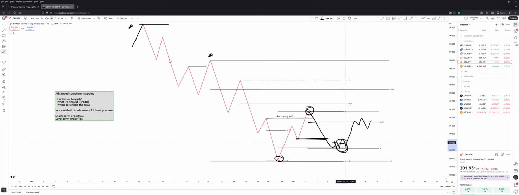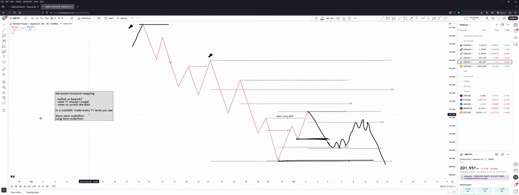So you trade this bullish 71 level, and at the same time, you trade the bearish 71 level, because there is still a pretty high chance that price will react right there and reverse back down in the bearish direction because you are long-term bearish. So once again, trade every single 71 level that you see with the same logic applied.